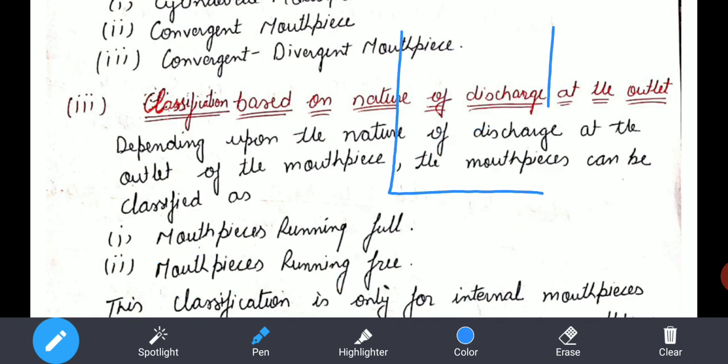If we have a tank here and we fit a pipe here, and the water flows through it without touching the sides of this pipe, then it is called running free. Similarly, if the jet after contraction expands and fills the whole mouthpiece, it is known as running full.